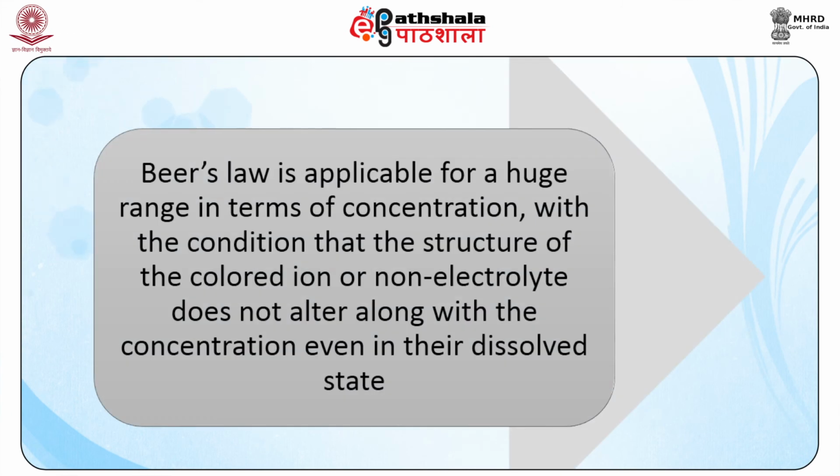Beer's law is applicable for a huge range of concentration, with the condition that the structure of the colored ion or non-electrolyte does not alter with the concentration, even in their dissolved state.